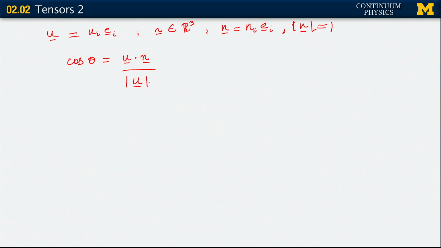Now, this particular quantity, the cosine of theta defined as this, is also invariant with respect to basis.